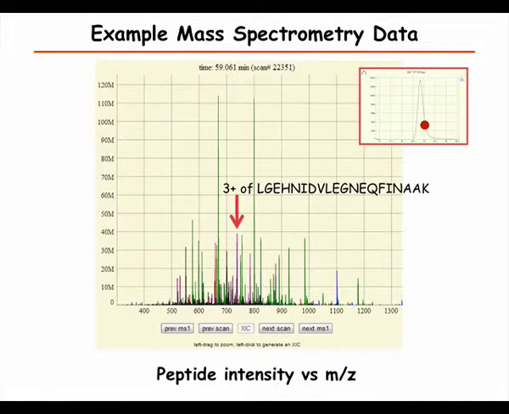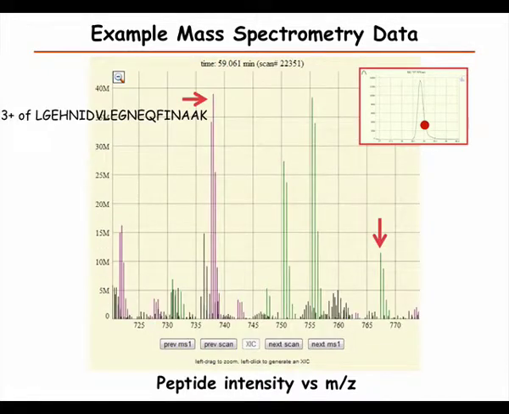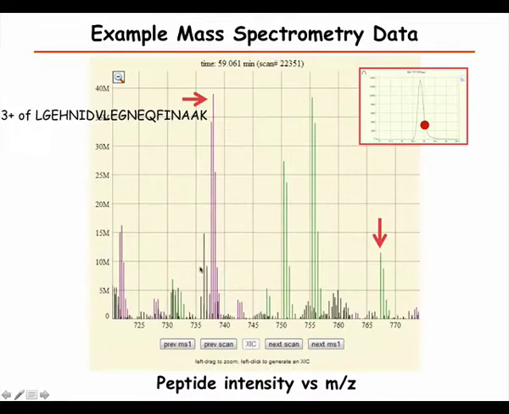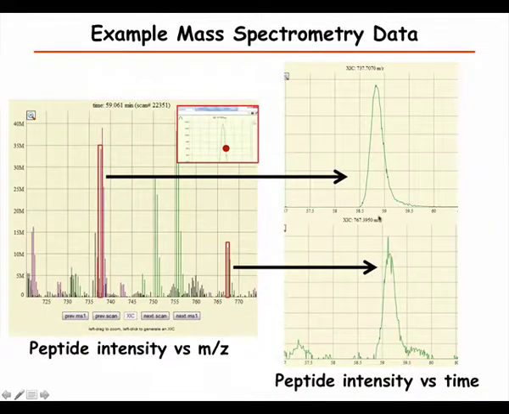Then we can continue and zoom in a little bit. We're going to zoom into an area around our peak here. We see this is our peak, and there are several others, but let's say we want to look at this one here. Now we're looking at the time profile again.